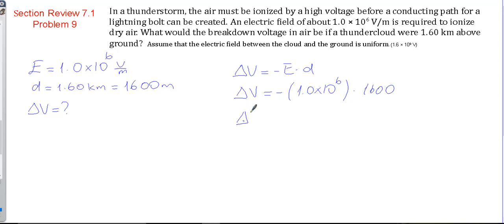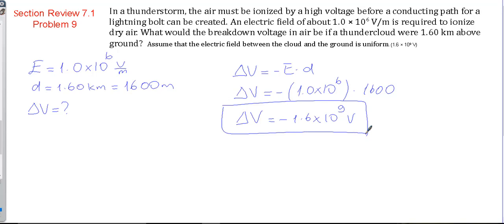Use your calculator, then you will get delta V as minus 1.6 × 10^9 volt. This is the potential that is needed.